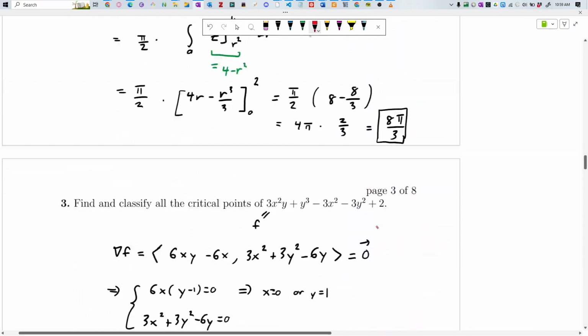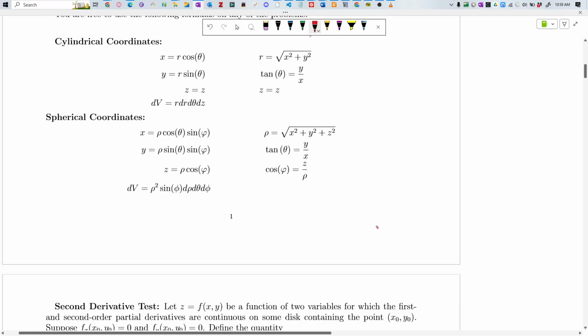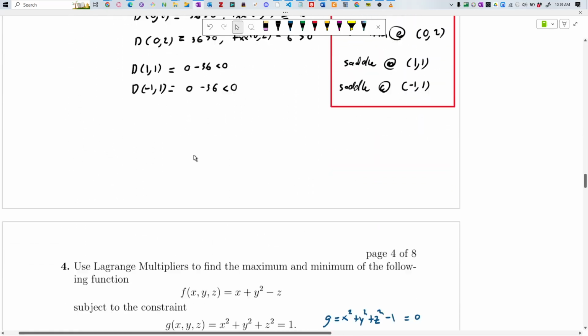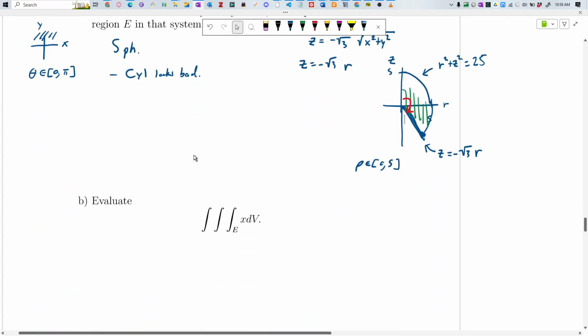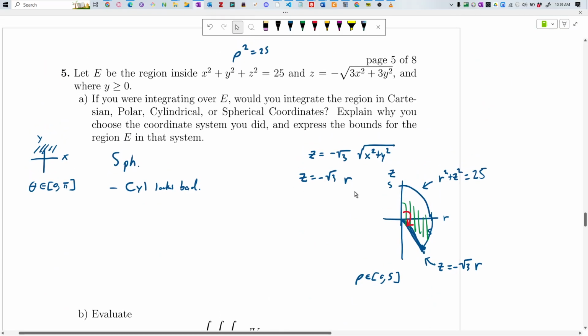I'm forgetting how exactly one does this. X squared plus y squared does something. X squared plus y squared is rho squared sine squared phi. I think that is a way of doing this. The other way is just thinking about unit circle values.